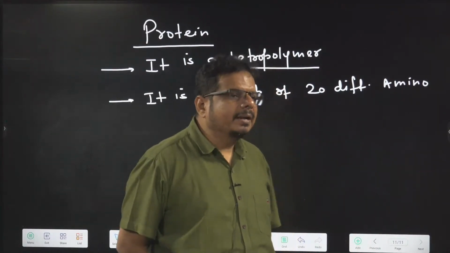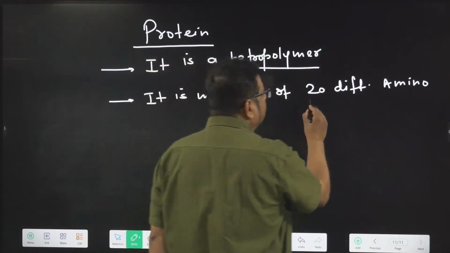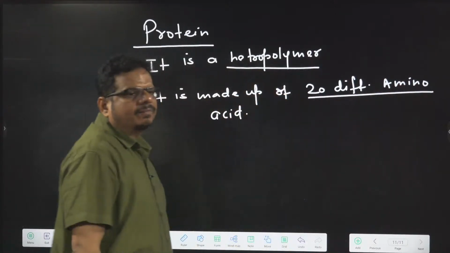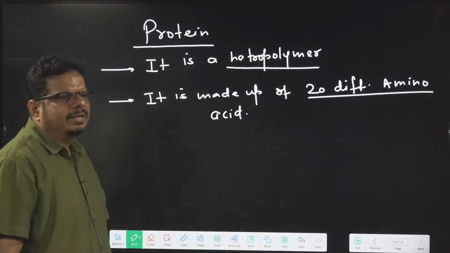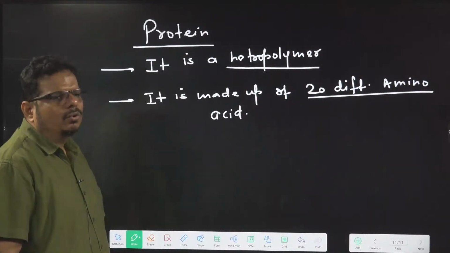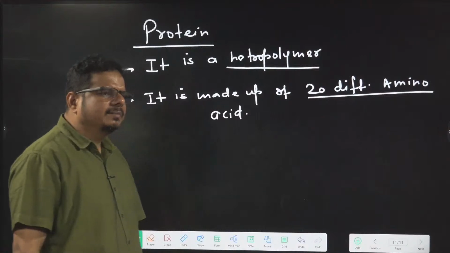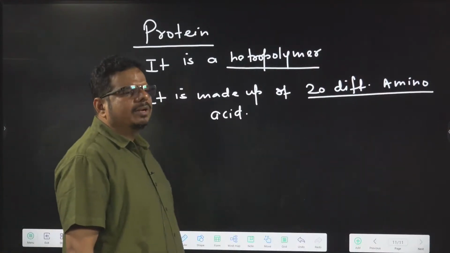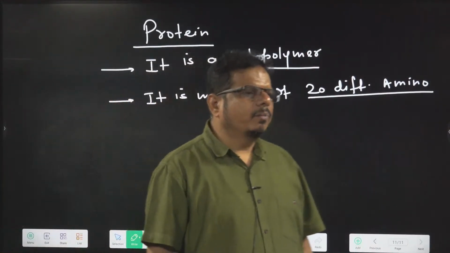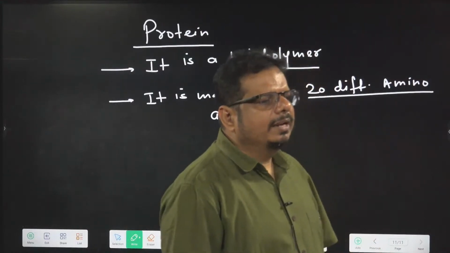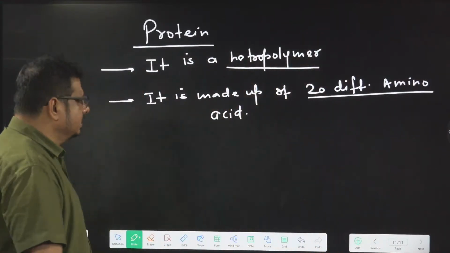But here the participating amino acids are 20 different amino acids. You got the idea? It is a polymeric substance, but the monomeric unit is not of a single type. 20 possible types of monomeric unit are involved in protein formation.